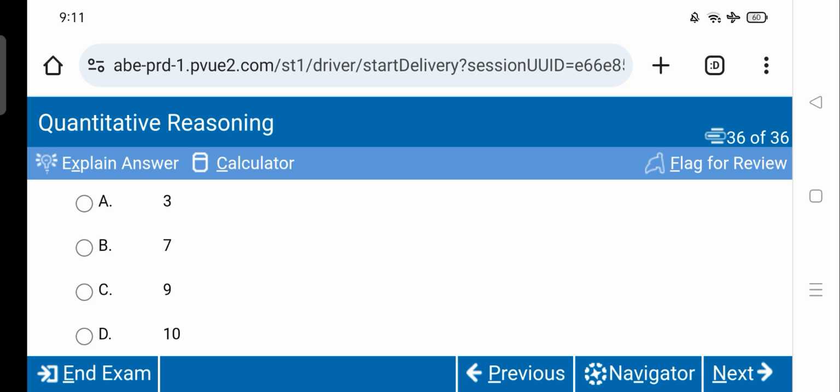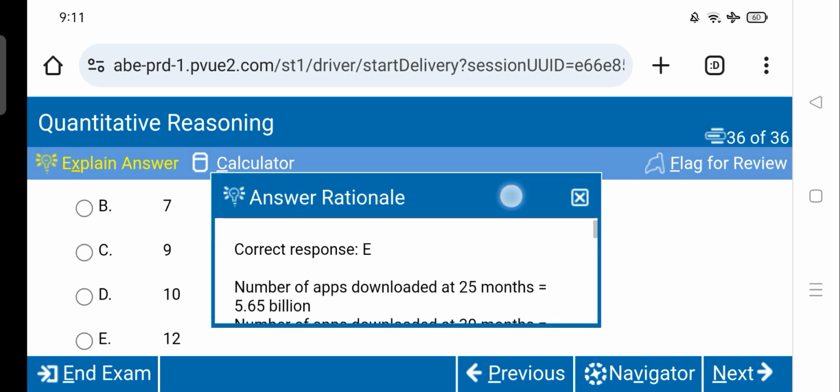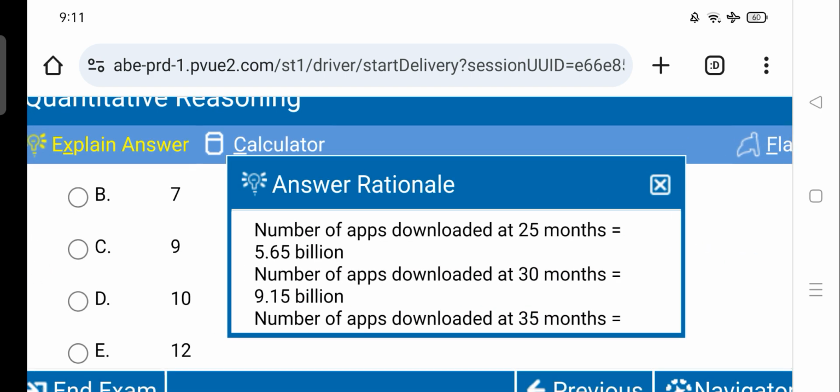Option A 3, option B 7, option C 9, option D 10, option E 12. So correct response we have is option E. Number of apps downloaded in 25 months equals 5.65 billion.